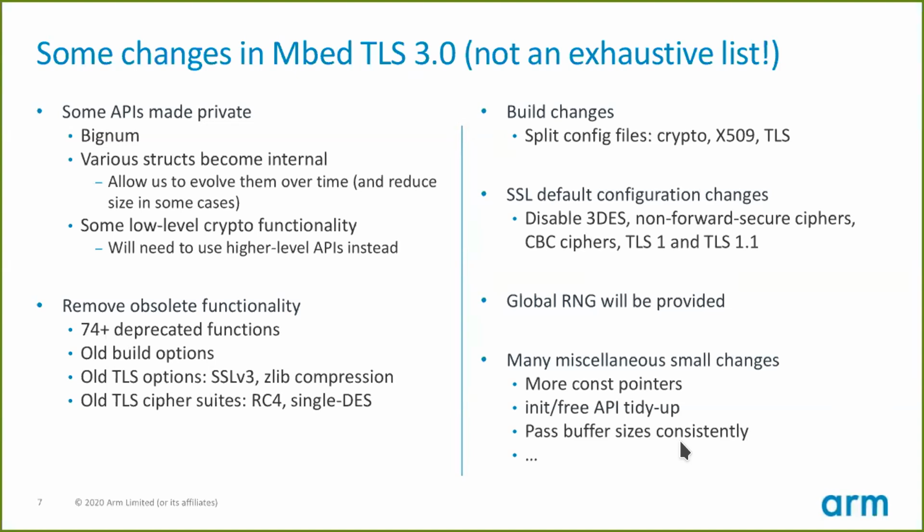Support for SSL v3, versions of TLS that weren't even called TLS back then, that's also pretty much irrelevant in the world of 2020, and we're going to remove that. We're also going to remove some seriously deprecated cipher suites like RC4 and single DES, keeping triple DES for now, but not single DES.